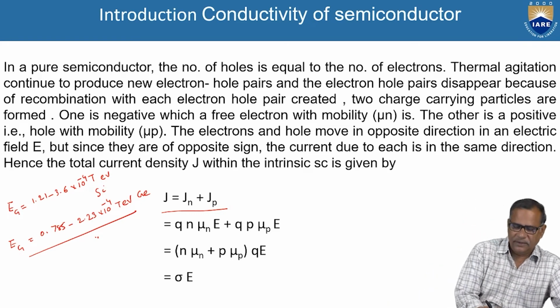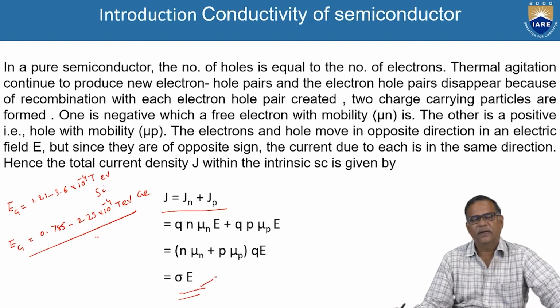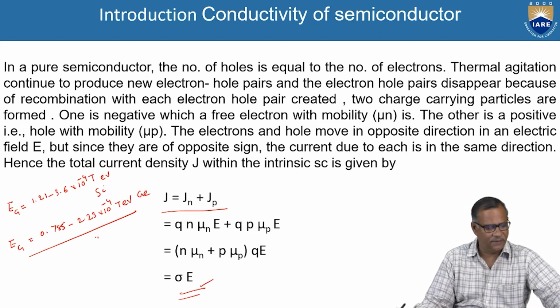So we can write this as J is equal to sigma E. E is the electric field, and electric field is voltage by the distance.